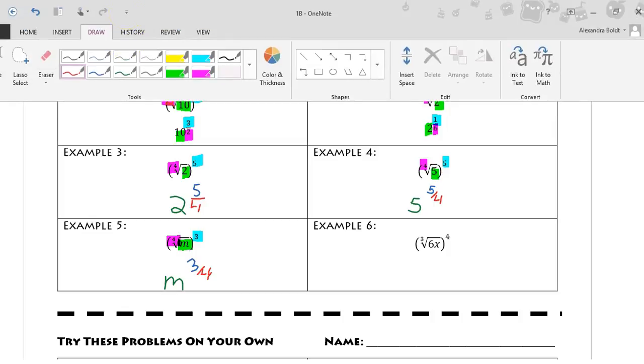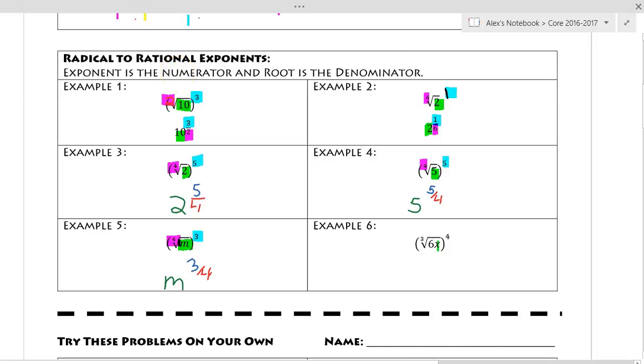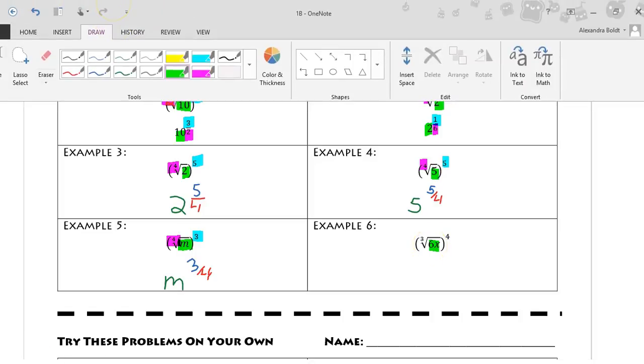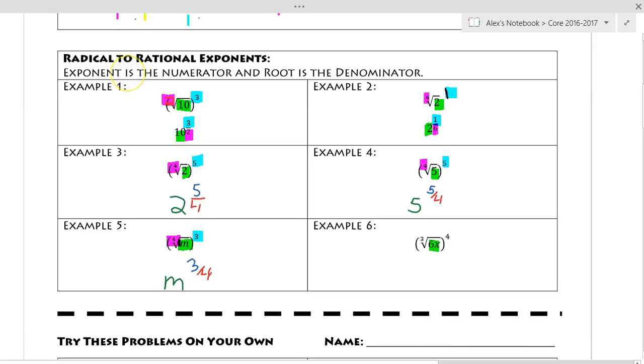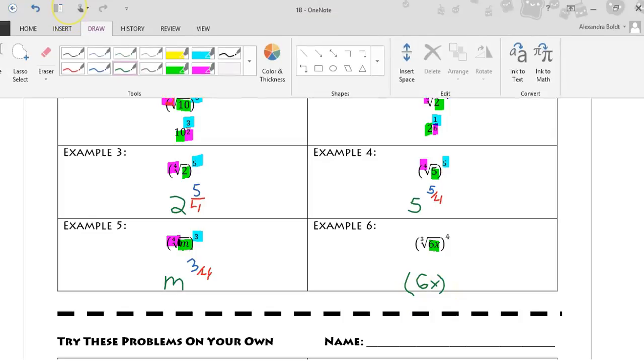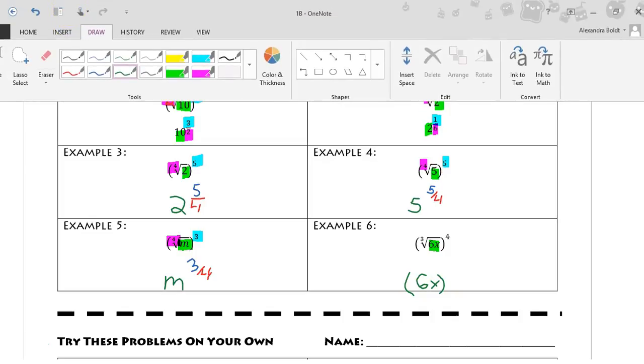Now one thing, in our next example, we have two things inside our radical. So two things are our base. So both 6 and x are our base. Both of those have to be raised to the power. So when I have more than one thing, I have to put them in parentheses so that you show that both of those are being raised to the power.